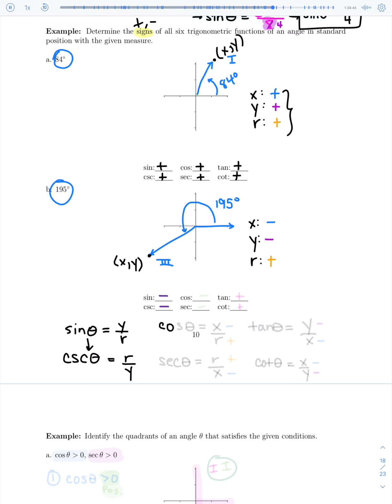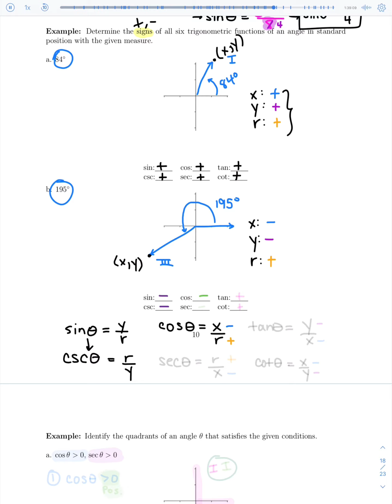Okay, let's talk about the next couple. Cosine. Well, remember, cosine is adjacent over hypotenuse. Well, adjacent is the x and hypotenuse is your r. Well, x's will be negative, and r's will be positive. So a negative divided by a positive will get you a negative.